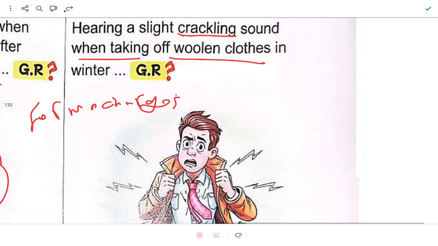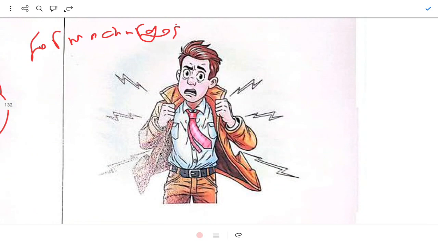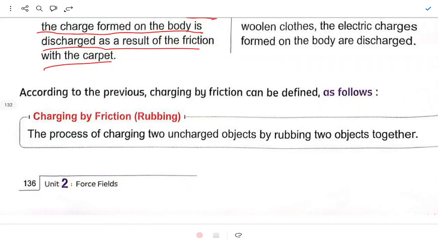So when you take off your woolen clothes you will hear a slight crackling sound because of the discharging of the charge that is formed. Now we have a new concept, charging by friction or rubbing.